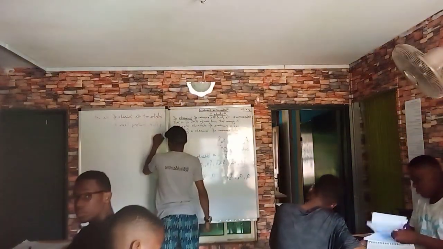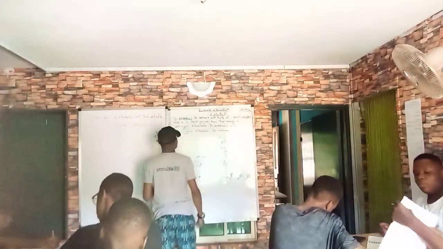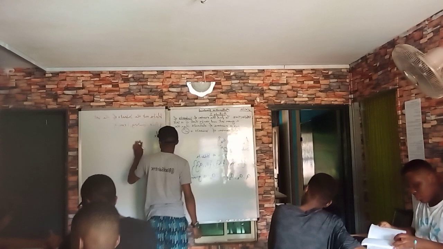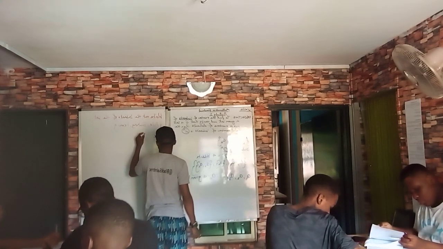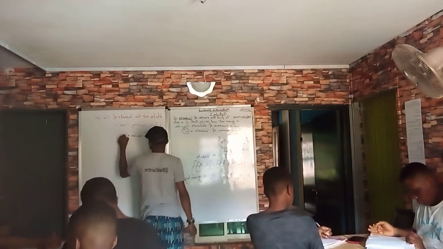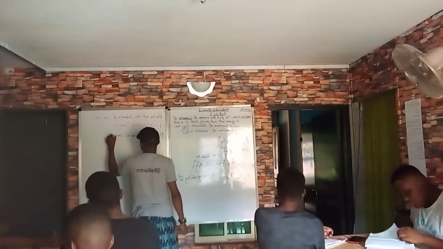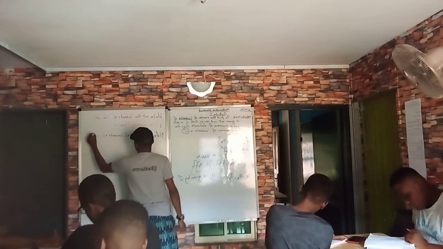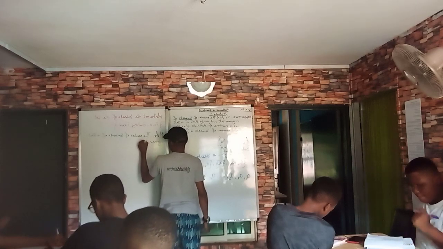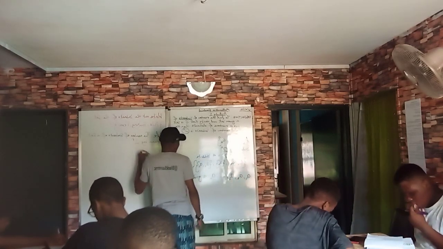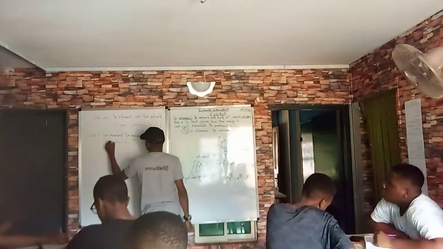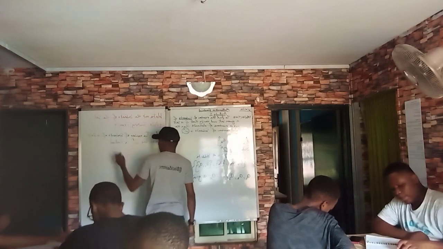Now, note this. The number of subsets of a set, given by 2 raised to the power n, is called the power set.